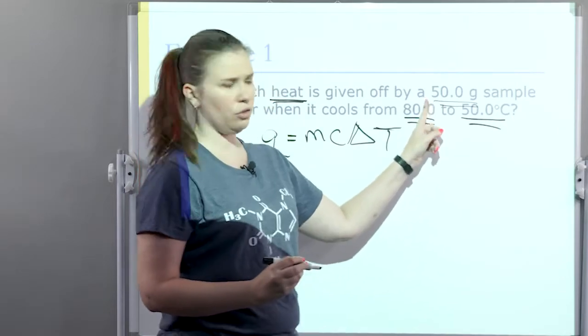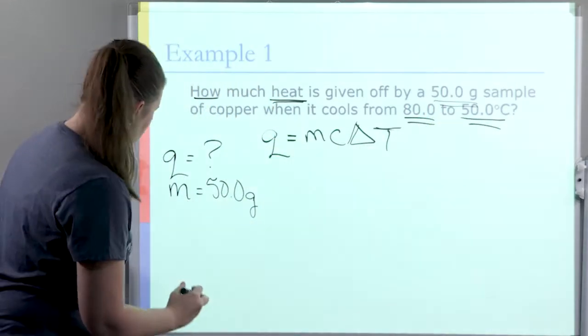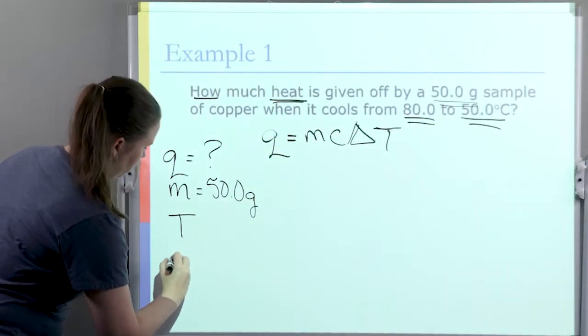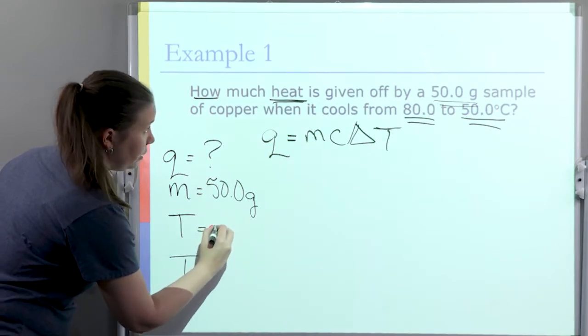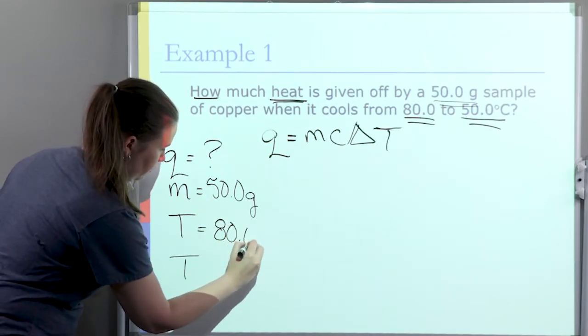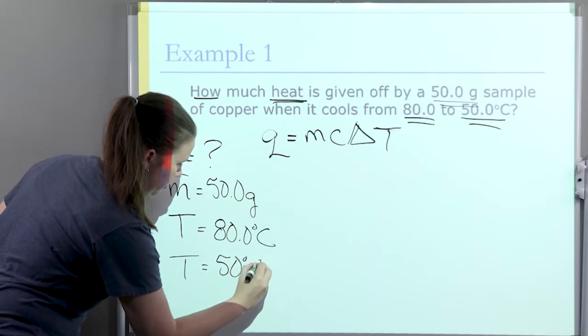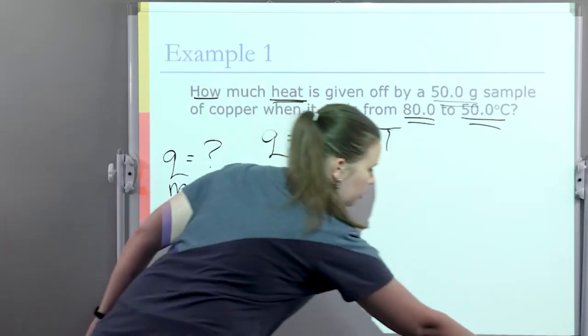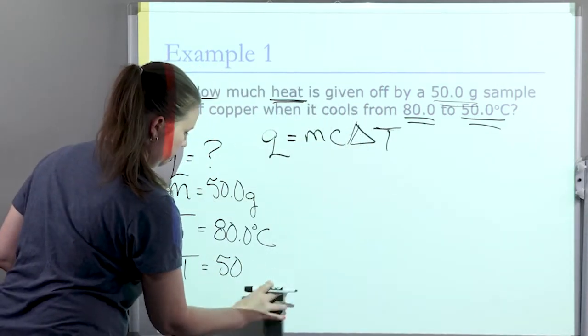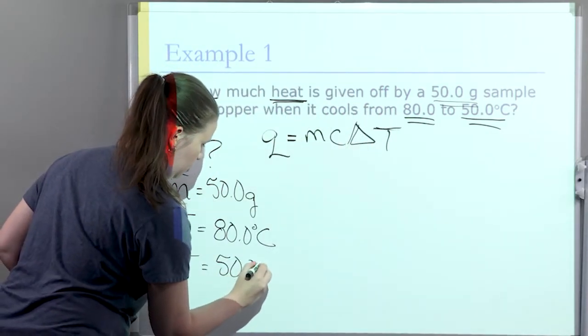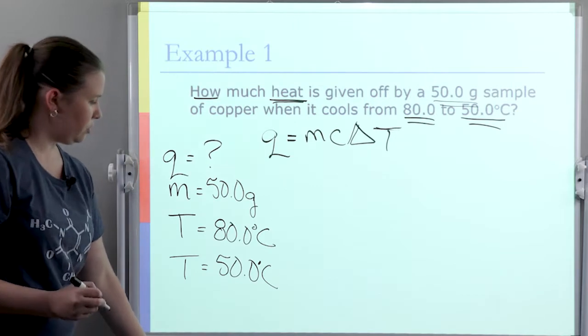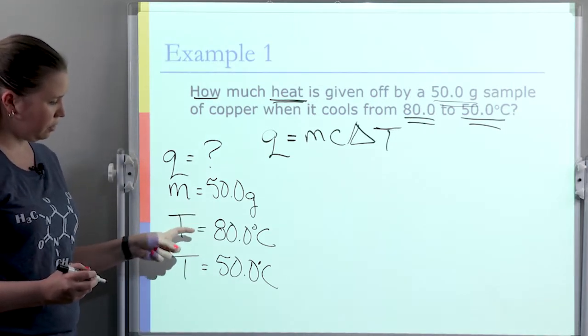This really should say 80 degrees Celsius also. So I have two temperatures. One is 80 degrees Celsius and one is 50.0 degrees Celsius. Oops, let me not mess up my sig figs here.